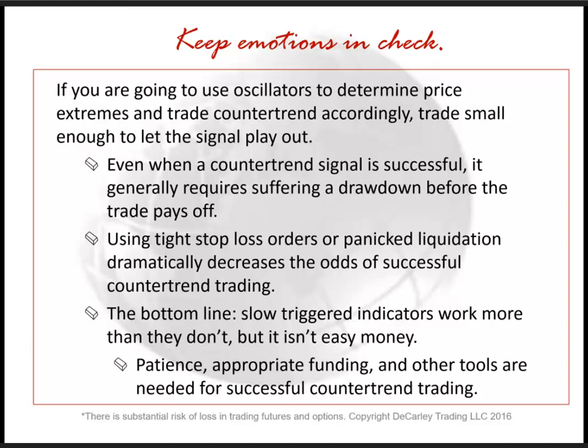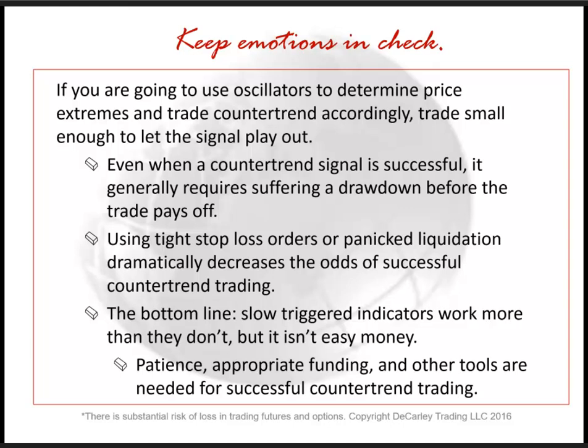So in my opinion, slow triggered indicators work more than they don't, but of course they're not easy money. So when you're going through the indicator tree on your platform and checking things out, make sure that out of the 2 or 3 indicators you choose to use, at least one of them is slow, because that's going to keep you in check.